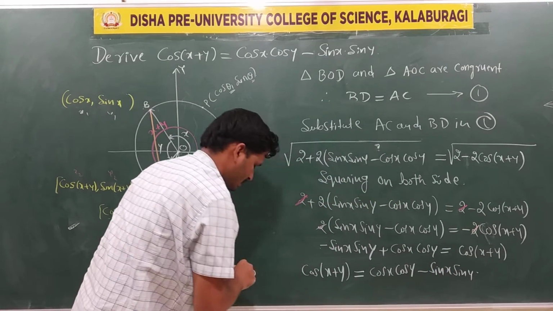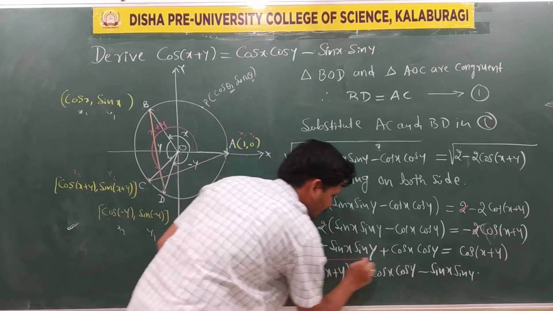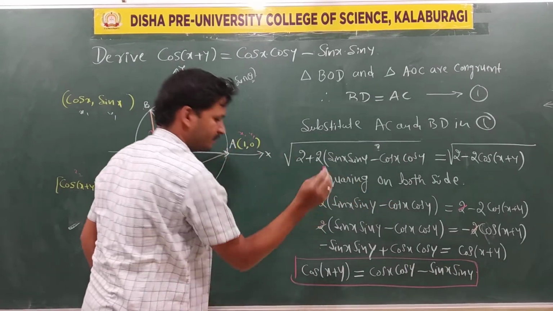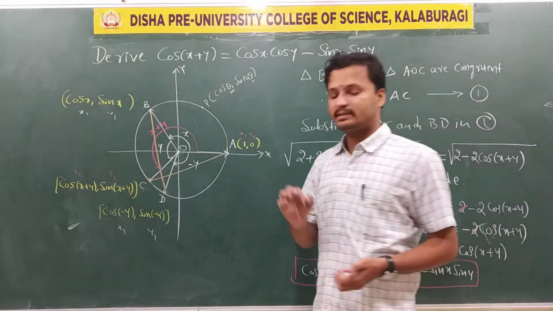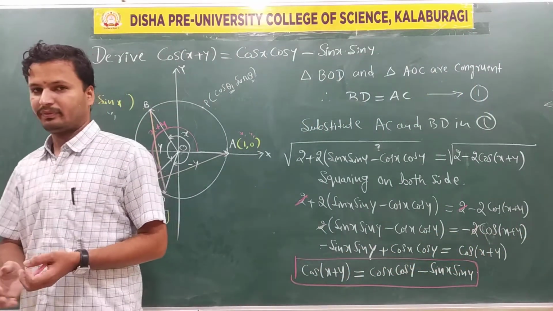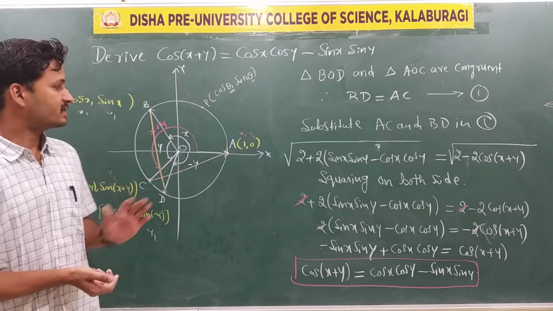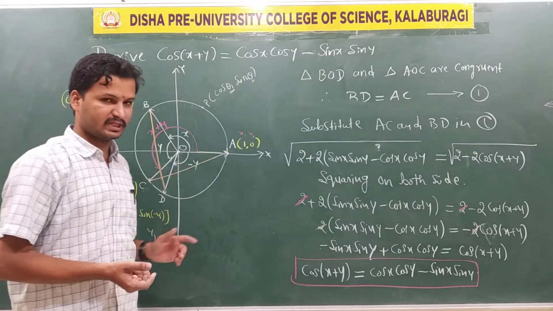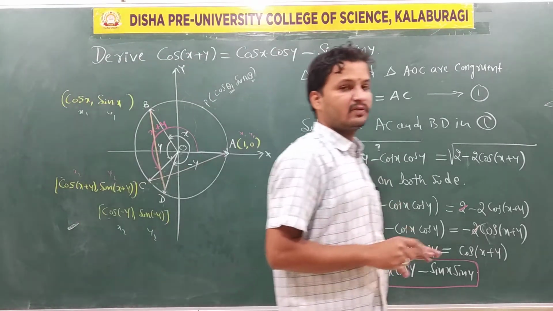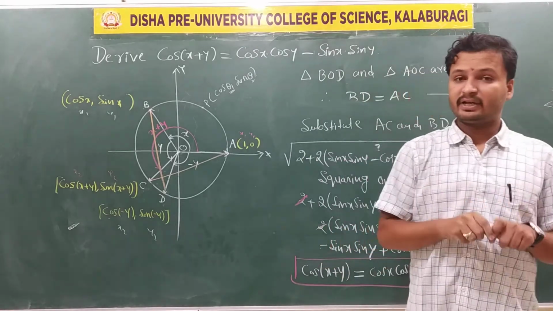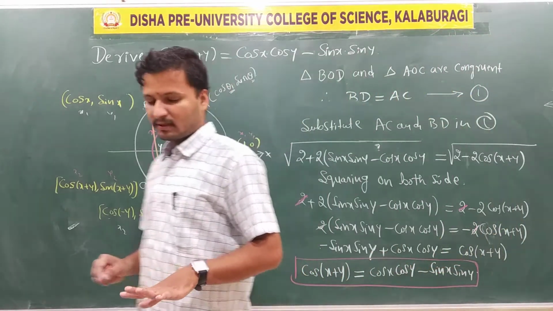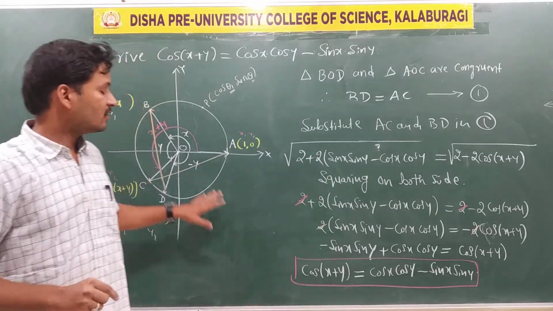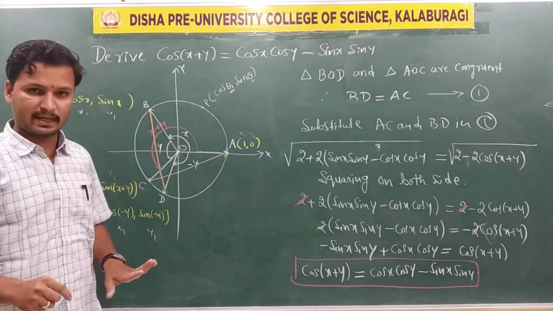So this is our actual result: cos of x plus y equals cos x into cos y minus sin x into sin y. The sphere 3 means the distance between BD and AC, we need to calculate and equate, because the triangles are congruent. Okay, so this is the derivation of cos of x plus y.